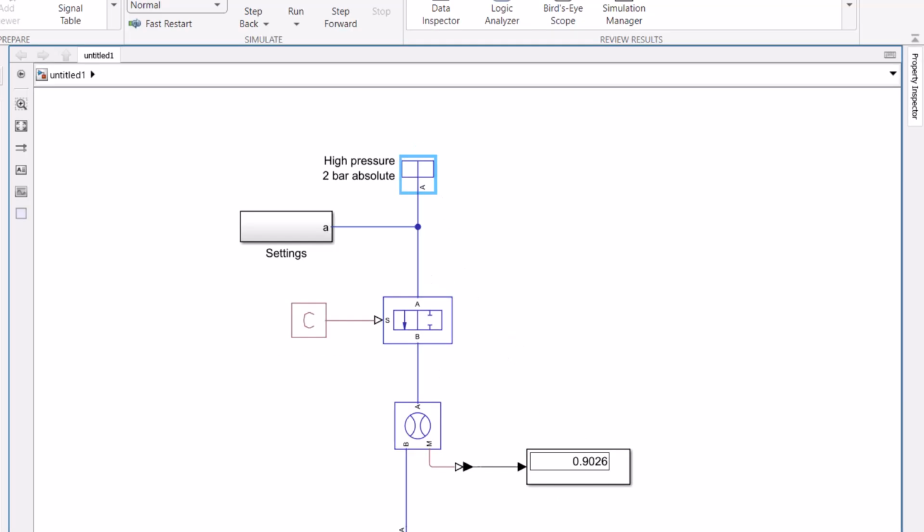So we have a 1 bar pressure differential, and this valve is going to impose some pressure drop in the system, and there's going to be a flow rate corresponding to this pressure drop. But how is this value calculated?